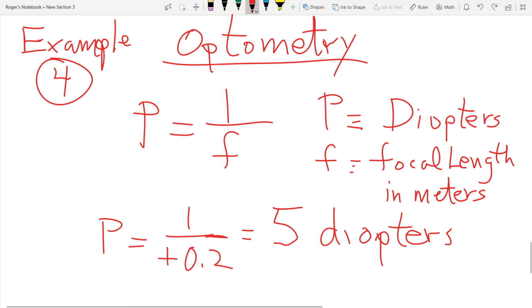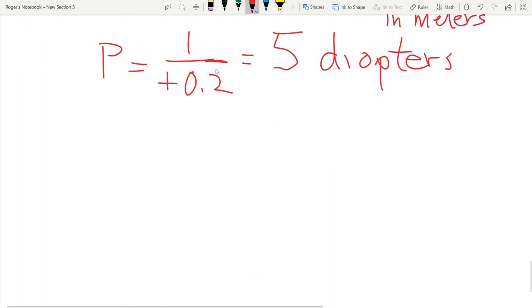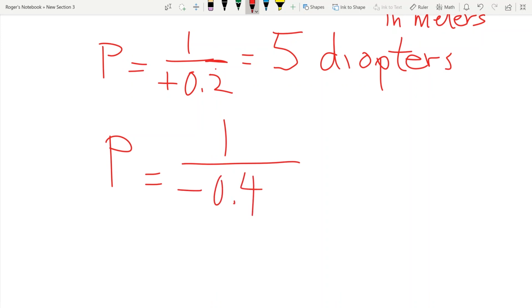Here we go. So that's the first one. And what is the power if, in fact, the focal length was negative 0.4? Then what would the power in diopters be?